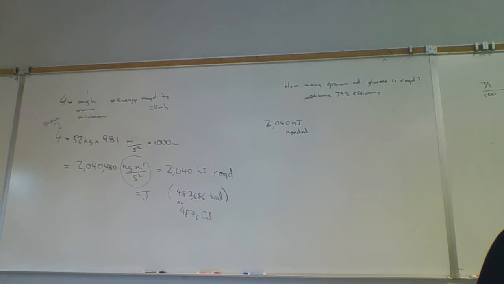It's not grams. Well, it could be grams as well. We could do grams, but it's in terms of energy, so it's better to do it in terms of energy. Grams and energy are going to be directly proportional. If you double the number of grams, you're going to double the number of calories. If you eat 10 grams of sugar versus 20 grams, 20 grams of sugar is going to have twice as much energy, but we're talking about not the grams.